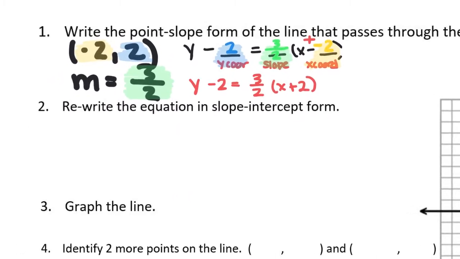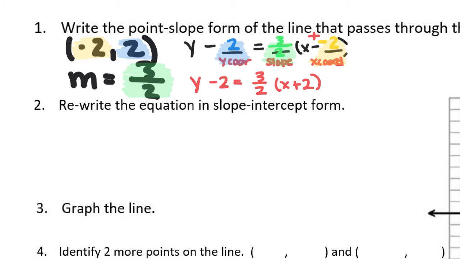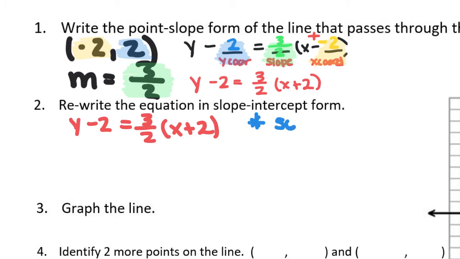Now the next part of our question says rewrite the equation in slope-intercept form. So if my equation were y minus 2 equals 3/2 times x plus 2, essentially what you're doing here is you're going to solve for y, because remember slope-intercept form is y equals mx plus b.